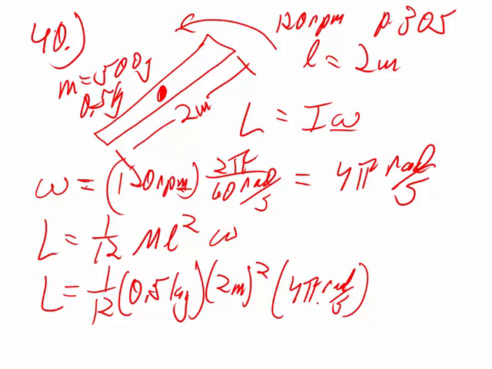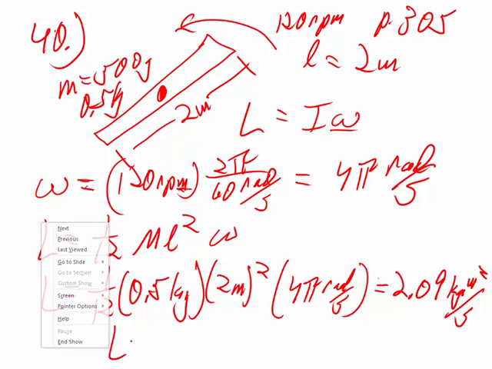Okay, so let's do the math for that real quick. So we got 1/12 times 0.5 times 4 times 4 times pi. And this is what I get: 2.09, and that's going to be kilograms meters squared per second.